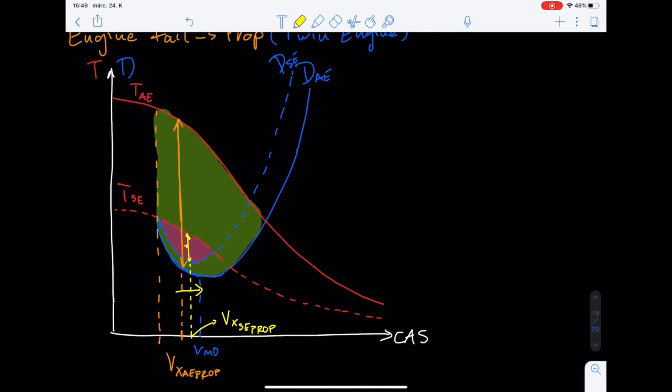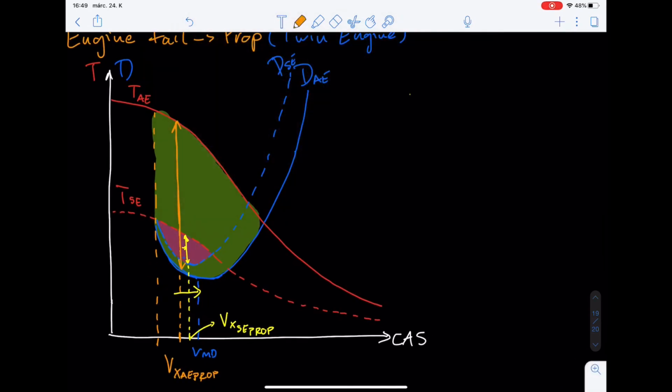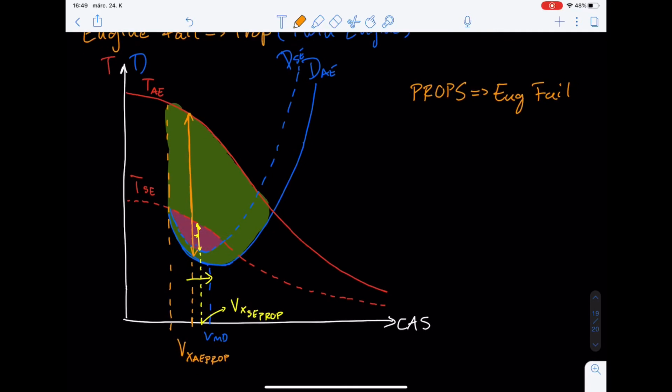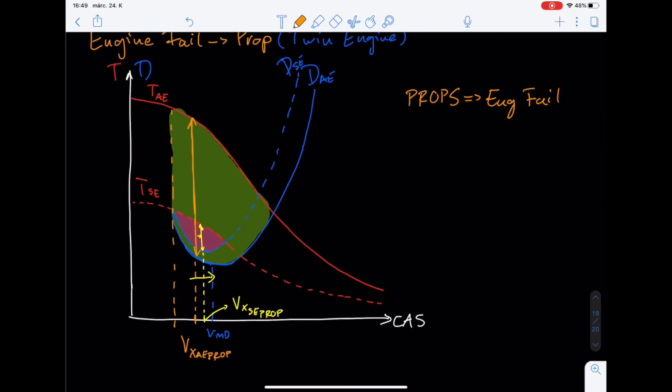And so the final effect is that for the case of the propeller-driven aircraft, so for the props, if you have an engine failure, you're going to have a very significant reduction in the excess thrust, which means a significant reduction in the angle of climb. And this is what we're interested in.